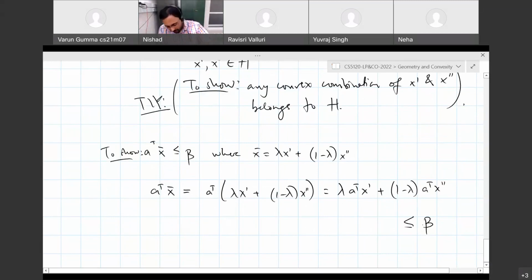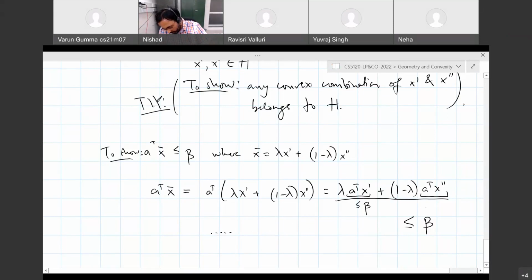So can anyone tell me what happens at this point? How do I get to the final conclusion that it is at most beta? A transpose x bar should be less than beta because that point is in the plane. A transpose x prime is less than or equal to beta, that I agree, and even A transpose x double prime is also less than or equal to beta.